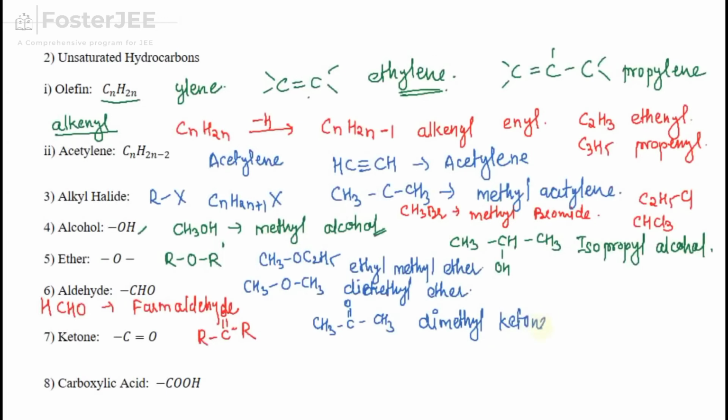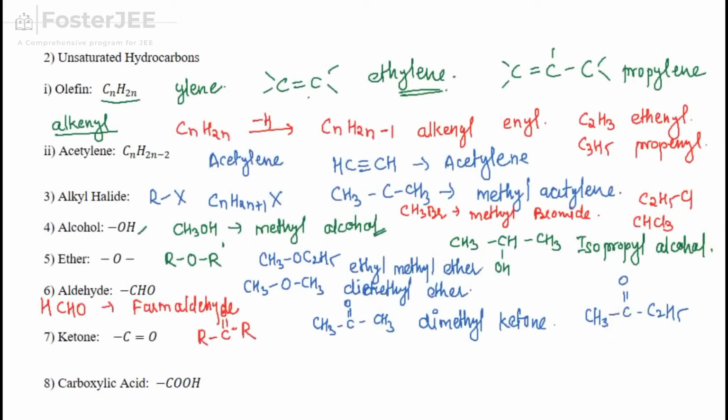Here in ketone, the suffix used is ketone. Similarly, ethyl methyl ketone. If CH3 C double bond O is connected with C2H5, here one methyl group is connected with one ethyl group with a carbonyl group. So the name of the compound is ethyl methyl ketone.